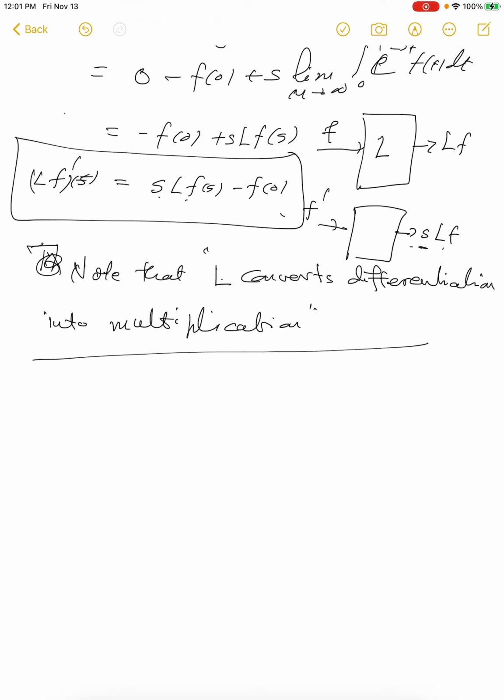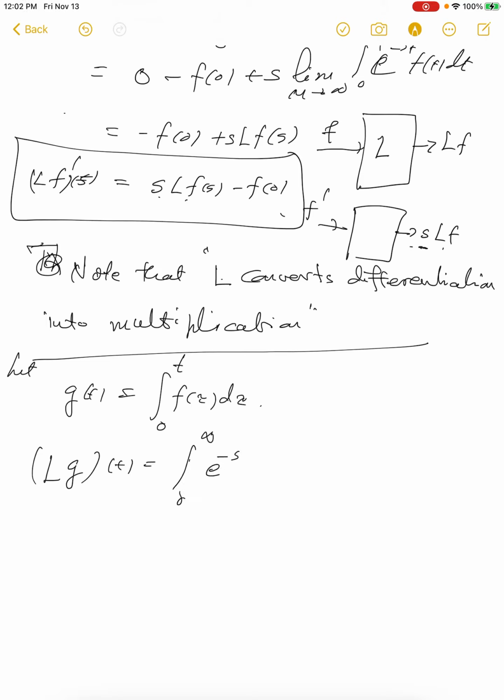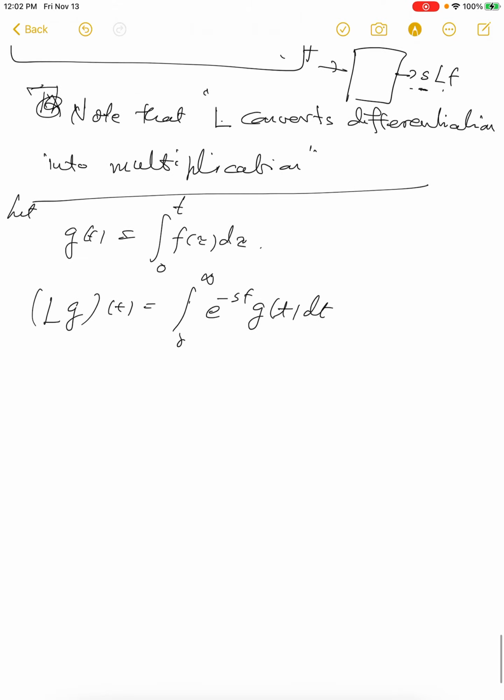Let's call g t to be the integral from 0 to t of f tau d tau, and let's find out L of g at s, which is going to be the integral from 0 to infinity of e to the minus st g t dt. This is the limit as m tends to infinity of the integral from 0 to m of e to the minus st g t dt.